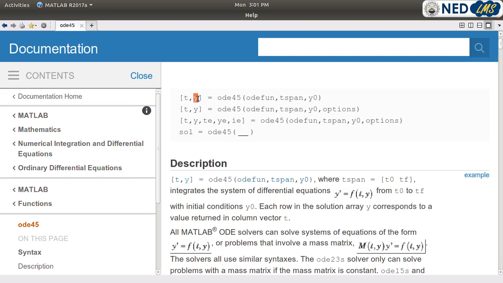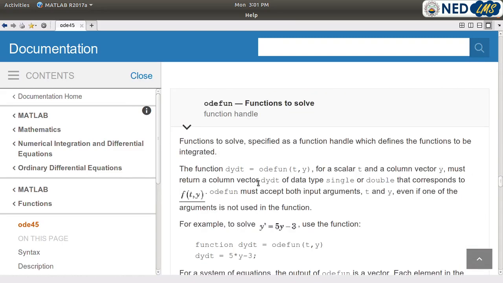So let's check out what this odefun is. It's actually a function handle which defines the function to be integrated, or we can say to be solved.